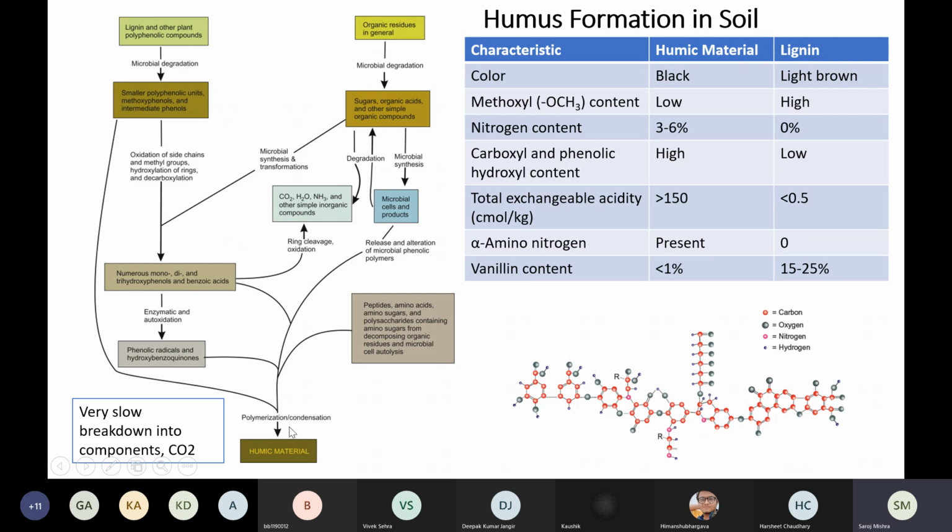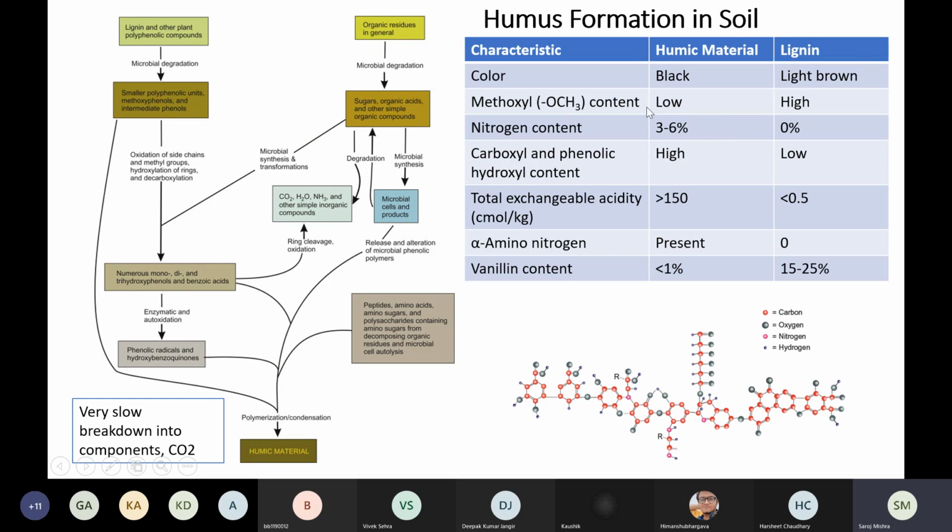A lot of these chemical reactions occur in the soil in order to make the humic material. Okay, and the humic material, very slowly, can break down into individual components and carbon dioxide. All right, but nevertheless, it's extremely important for soil health for these compounds to be there.